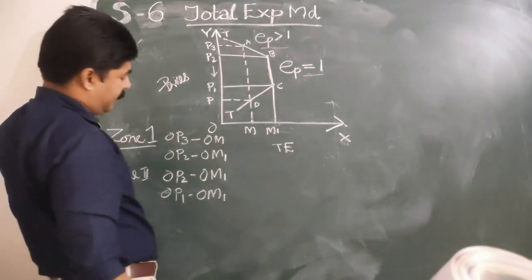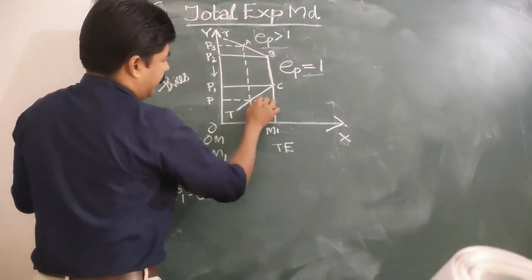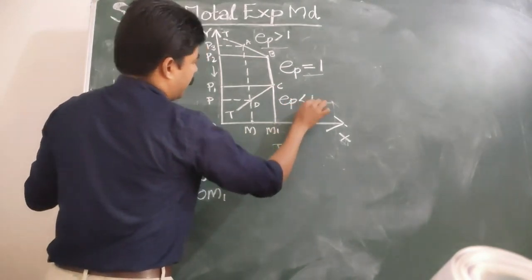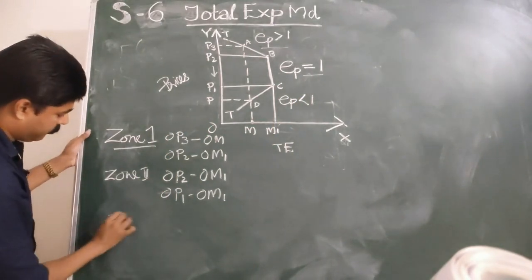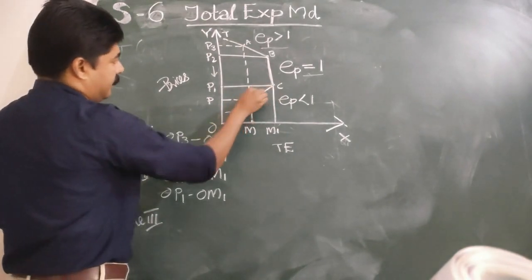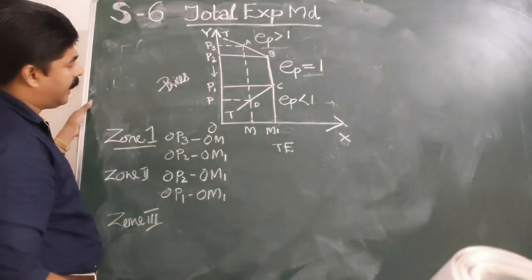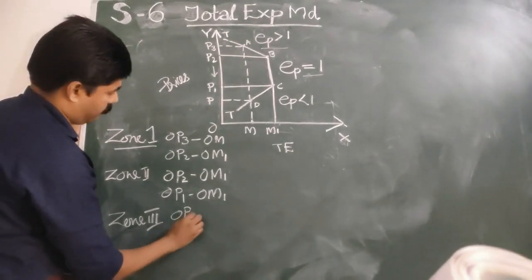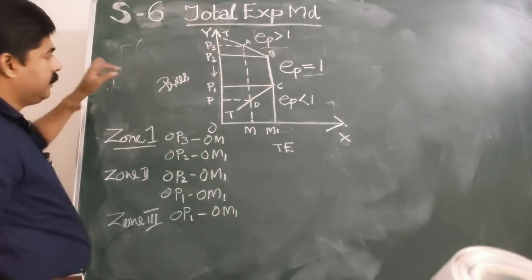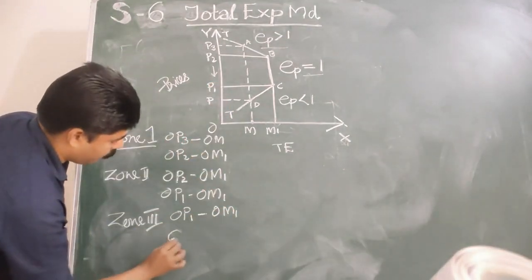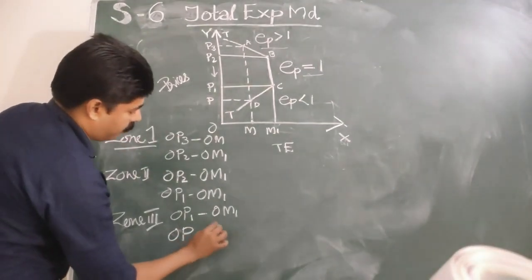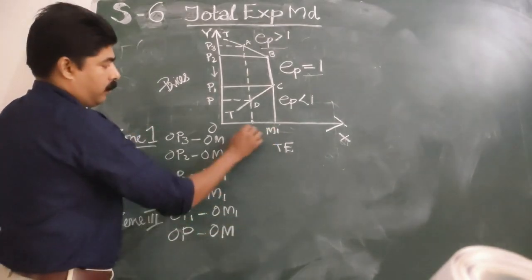And in the other case, zone number 3, elasticity of demand is less than 1. Zone number 3 lies between C and D. In that zone, at price OP1 demand is OM1, and when the price falls from OP1 to OP, quantity goes from OM1 to OM.